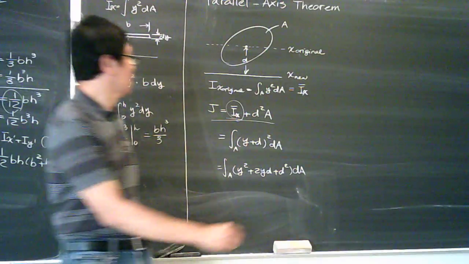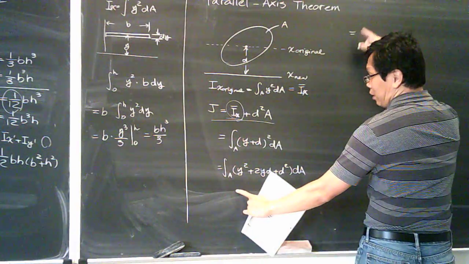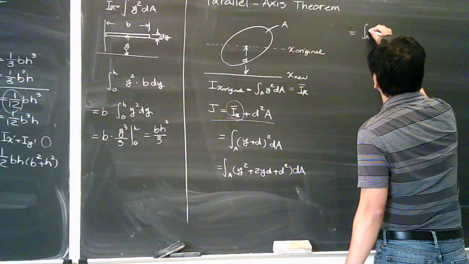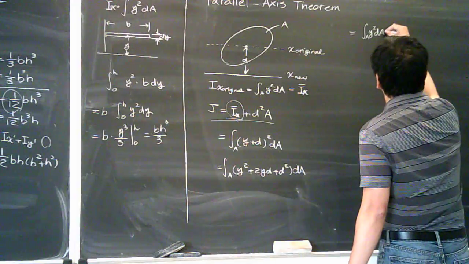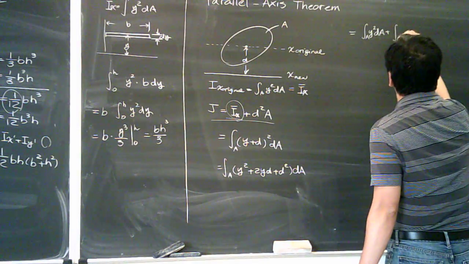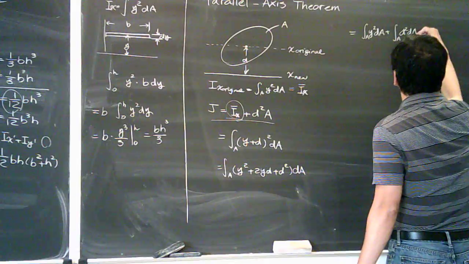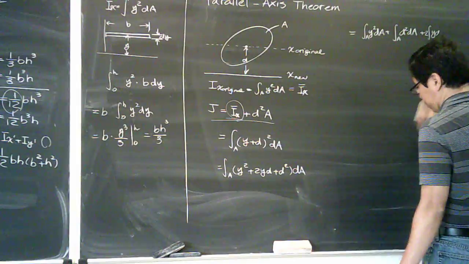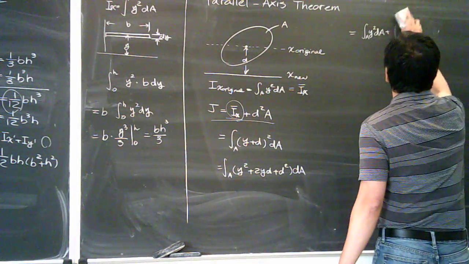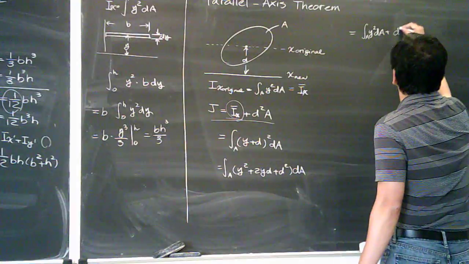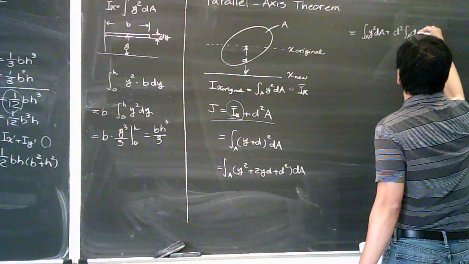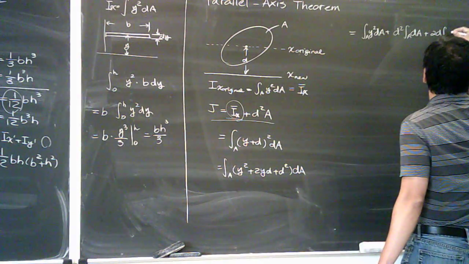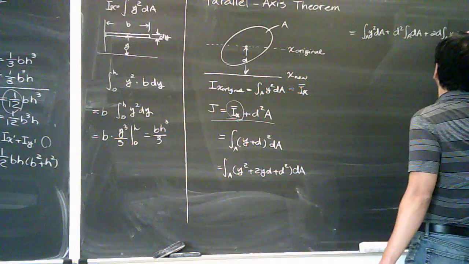Okay. Then I just expand this part to here. That becomes y squared dA plus b squared dA plus 2yb dA.